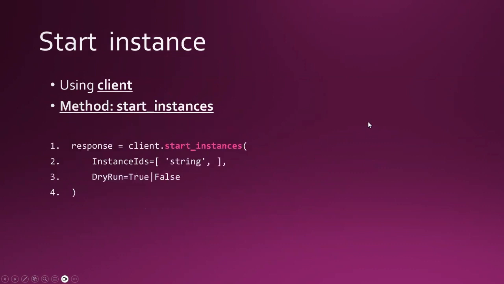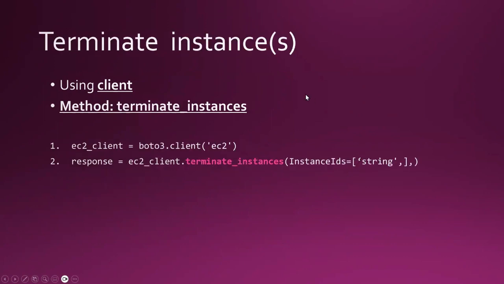Just like stop instance, we have start instance, and start instance is going to have the instance ID, which is a string that you pass, and then dry run, which you pass as true or false, yes or no. If you really want to start, then don't give the dry run option. Dry run should be false. That will start the AWS EC2 instance, and then you will get the result as a running state.